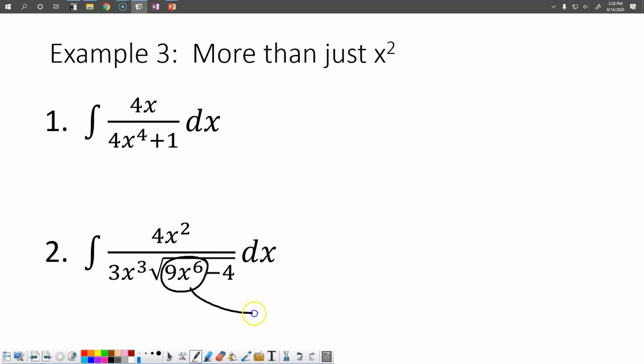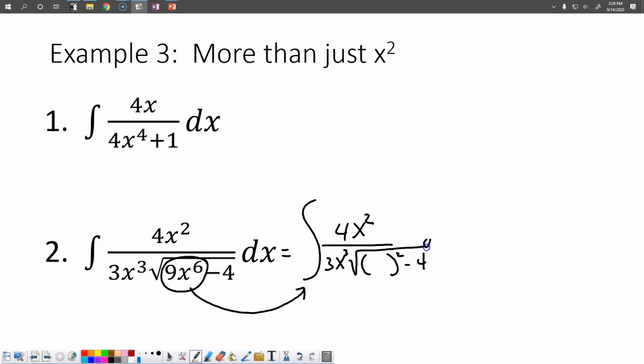So I need to start by rewriting that as a square. What would go in those parentheses so that it's a square?